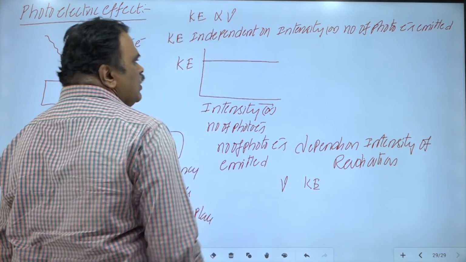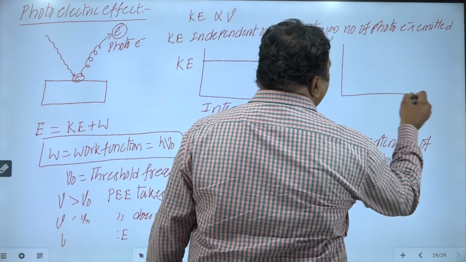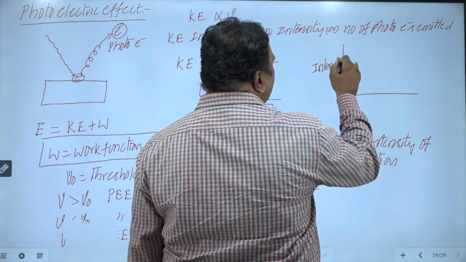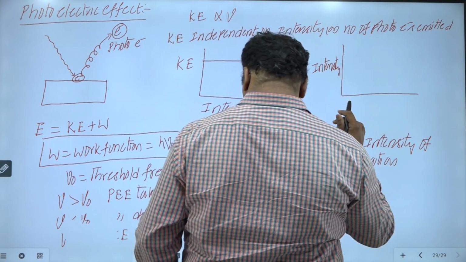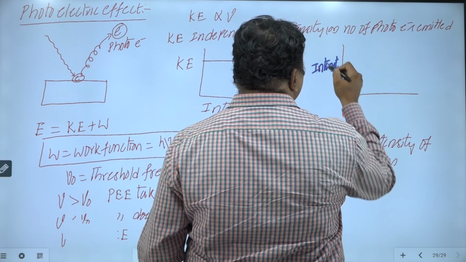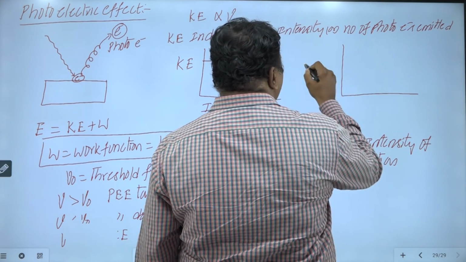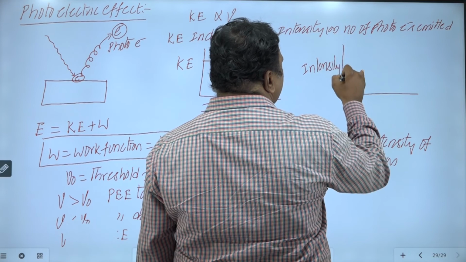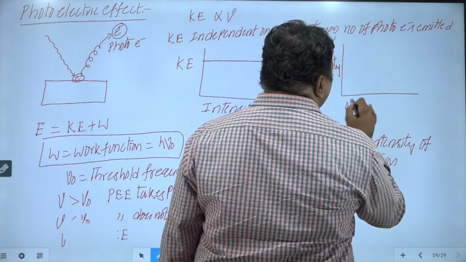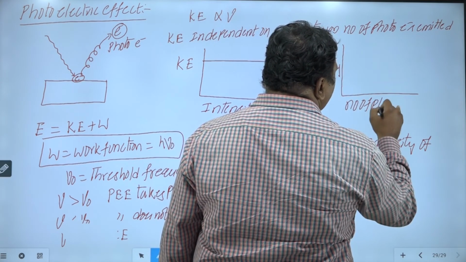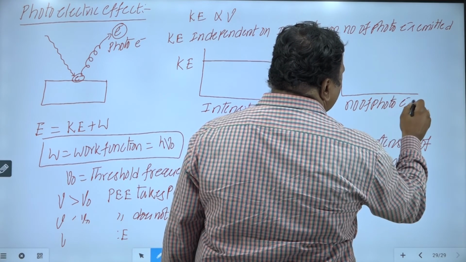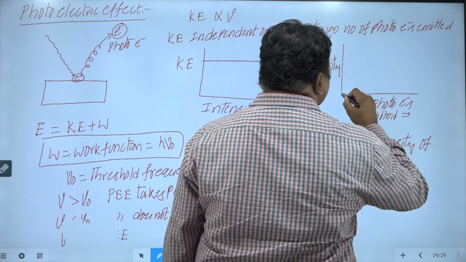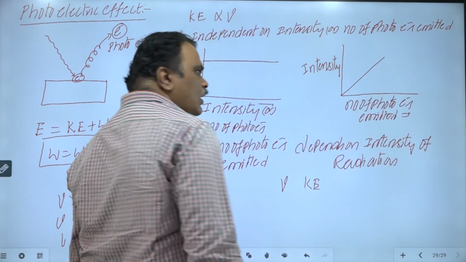So a graph drawn between intensity versus number of photoelectrons emitted, or photoelectric current, gives a straight line which is passing through the origin.